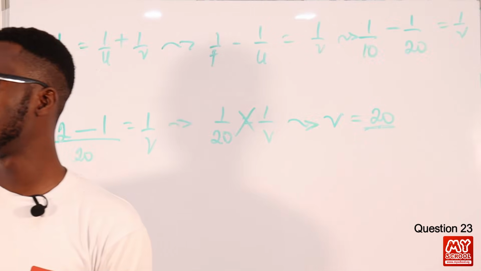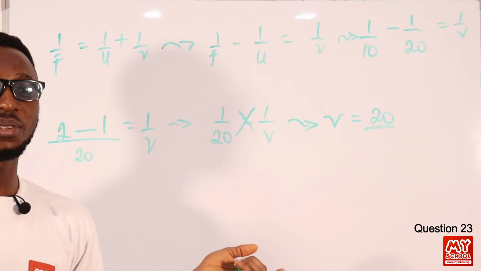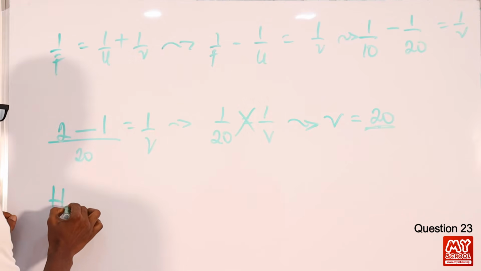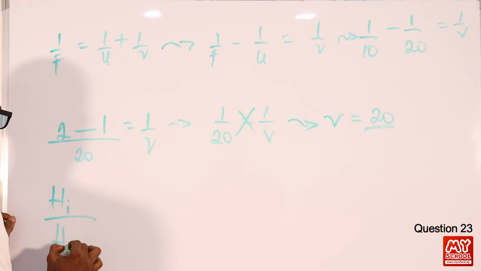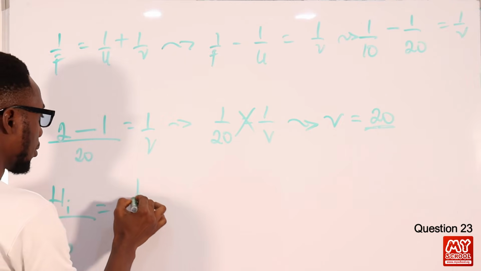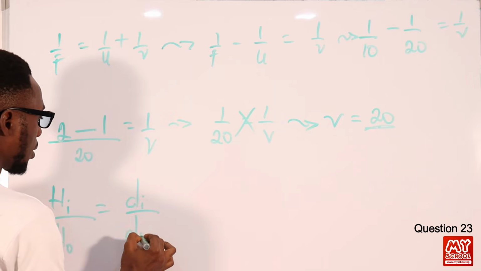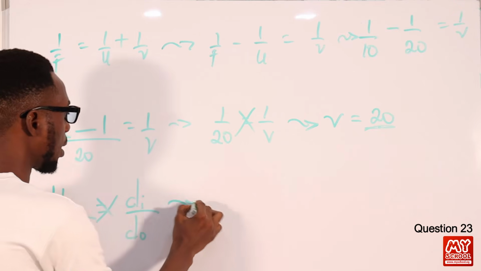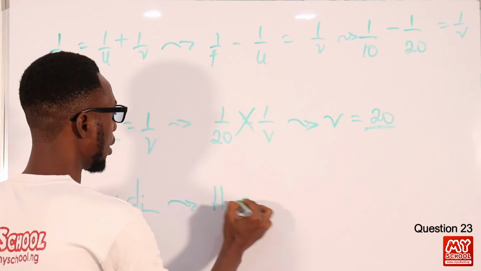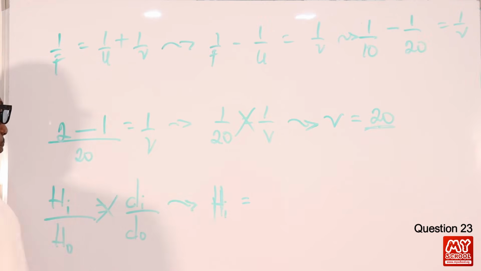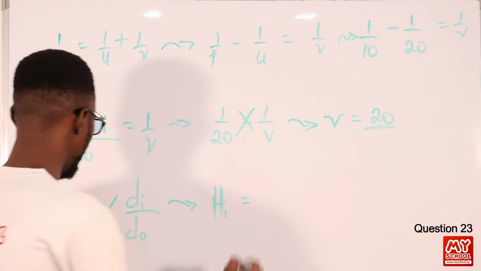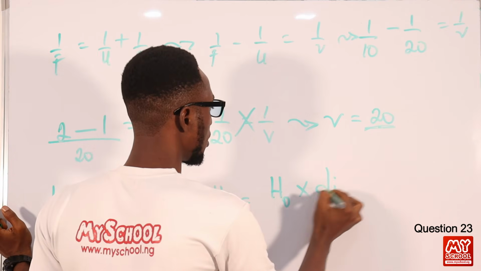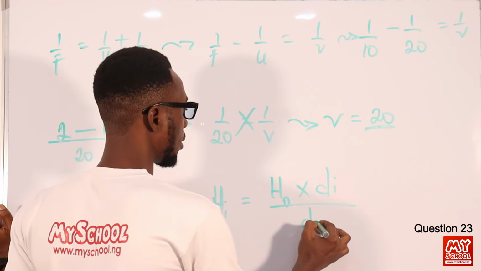So we are asked to find image height. We are just going to introduce a magnification formula. Remember that image height over object height equals image distance over object distance. We're asked to make image height the subject of the formula, so image height equals object height times image distance over object distance.